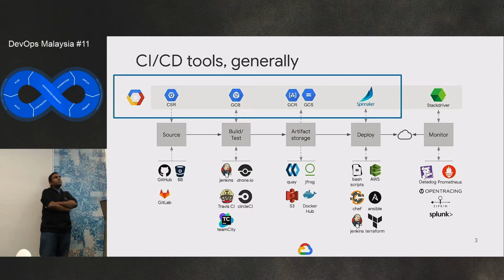Okay. Should you want to use all of the Google Cloud DevOps tools for your pipeline, yes, you can do that. Should you not want to do that, that's fine as well. You can actually pick and choose which elements in the pipeline you want to maintain.